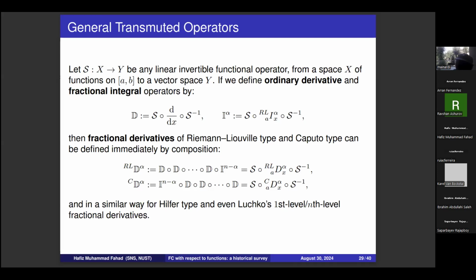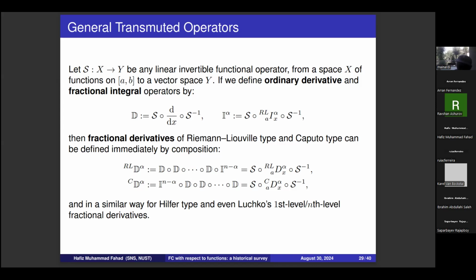Consider the operator S. Here S is a linear invertible functional, which maps the space X to a vector space Y. If we define an ordinary derivative of order 1 and a fractional integral operator of order alpha of this form, then the fractional derivatives of Riemann-Liouville type and Caputo type can be defined immediately by the composition. For example, here we know how we define the Riemann-Liouville or Caputo type fractional derivatives.